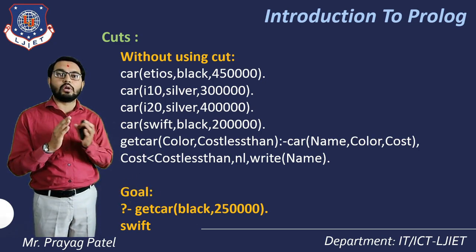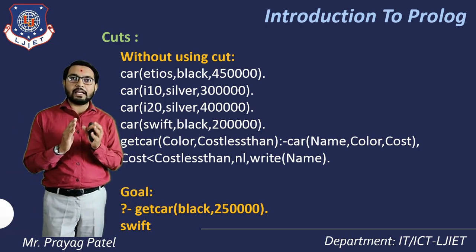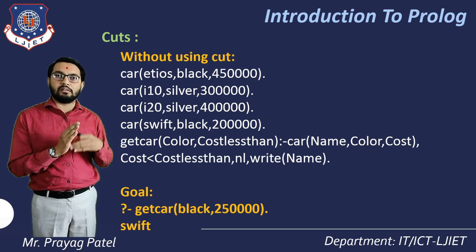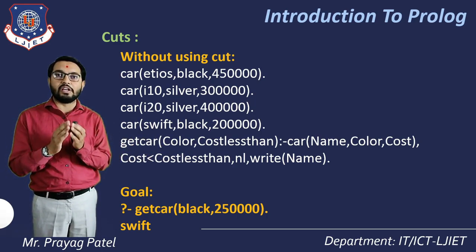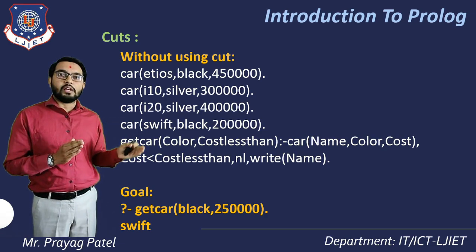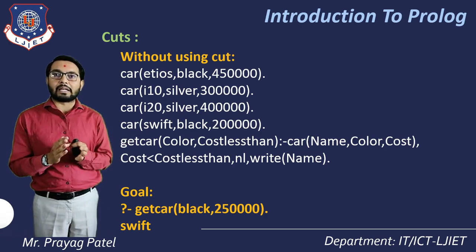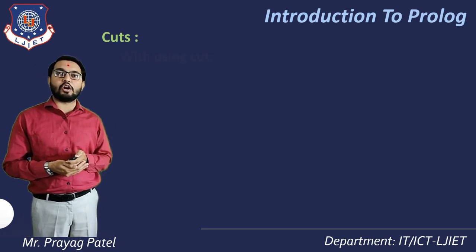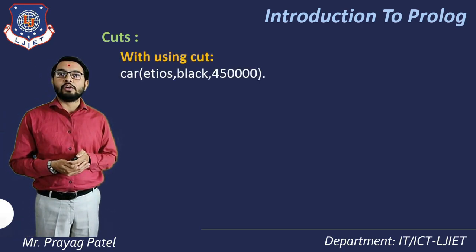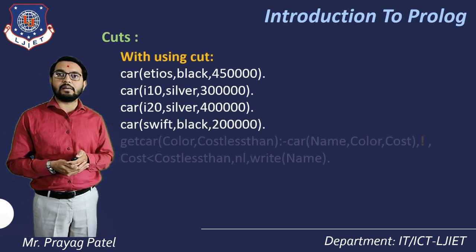So the name of the car equals Swift. So here basically we move through the car function more than one time and find the desired value. We can perform backtracking more than one time, but when we use the cut, then we cannot perform backtracking.